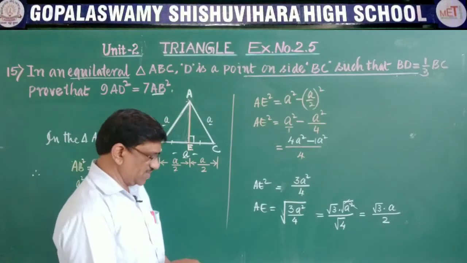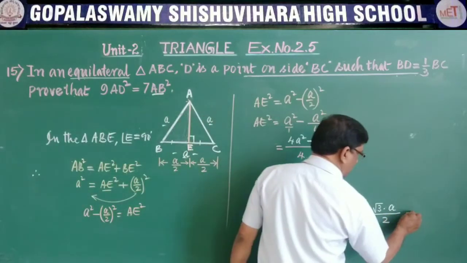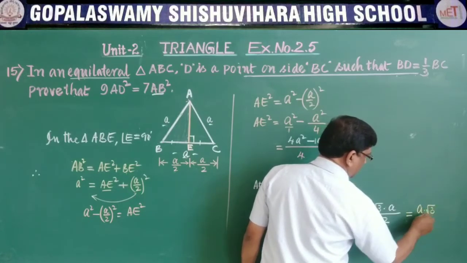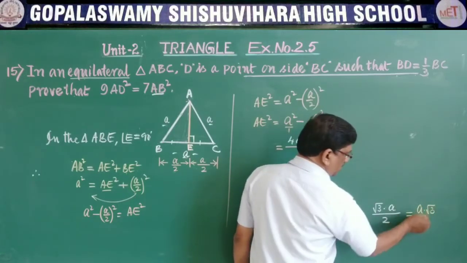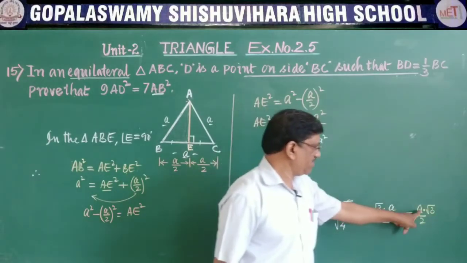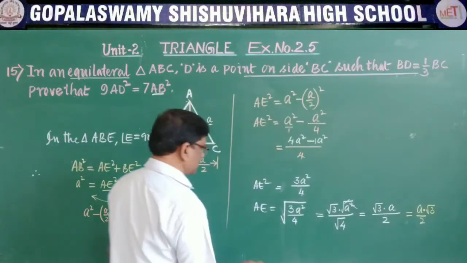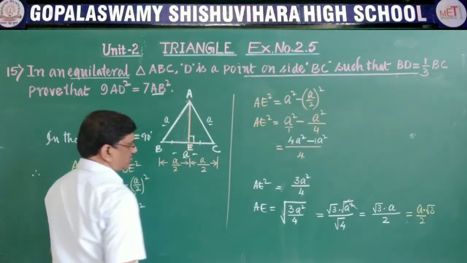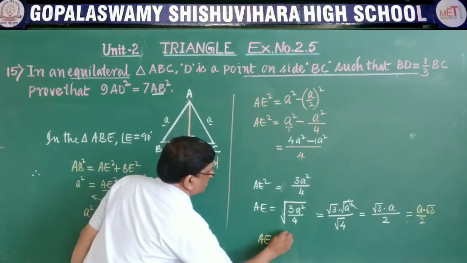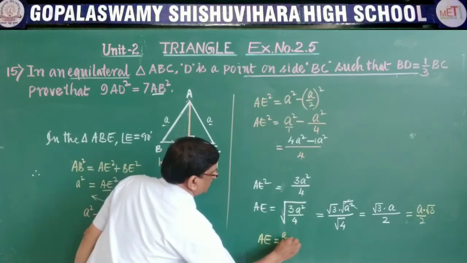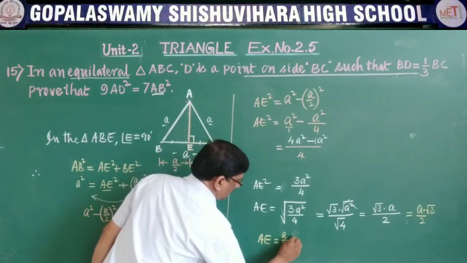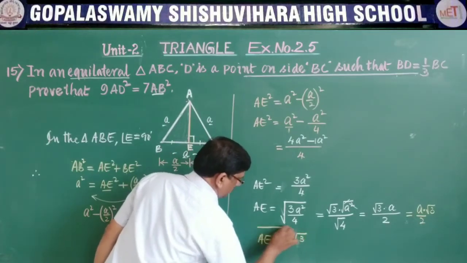So it can be written as A by 2 into root 3. That means the height of the equilateral triangle AE is equal to A by 2 into root 3.